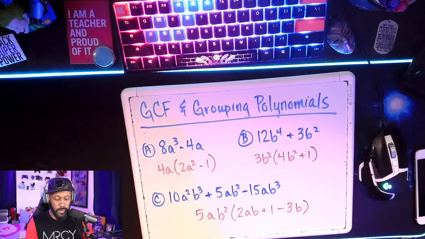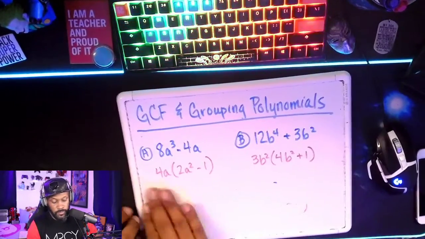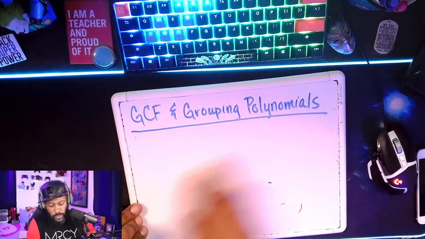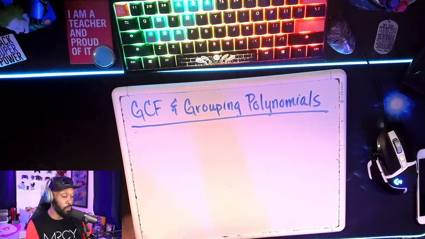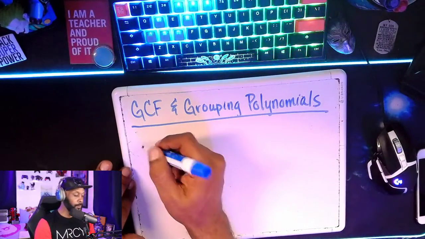Let's switch gears a little bit. So now we're still factoring, right? We're still trying to reduce these polynomials, these trinomials down to their lowest form. So here's another one.